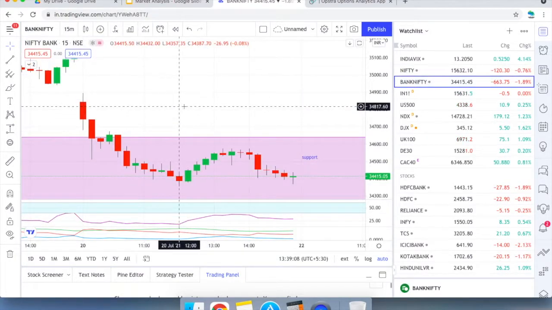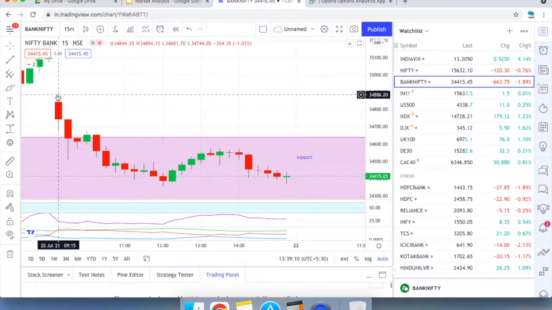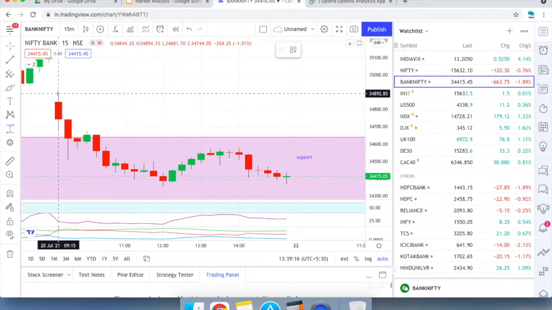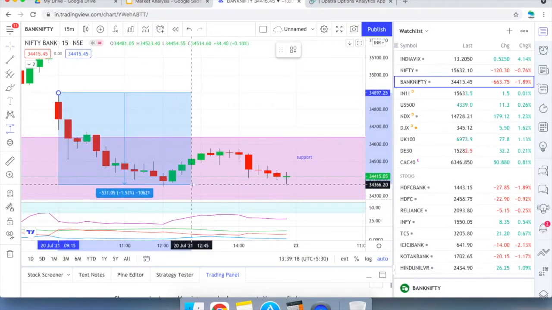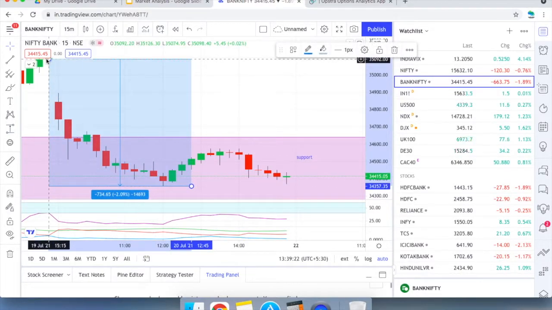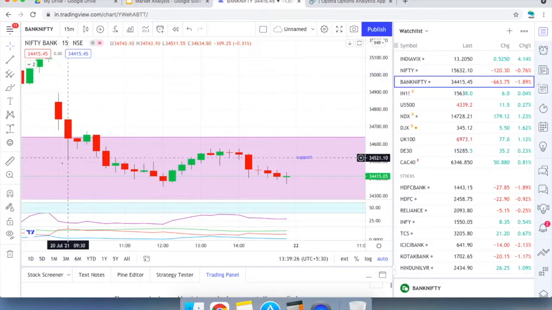In Bank Nifty, we can see the same thing happened. It did a down move of 700 points from the previous day, and then it tried to recover.